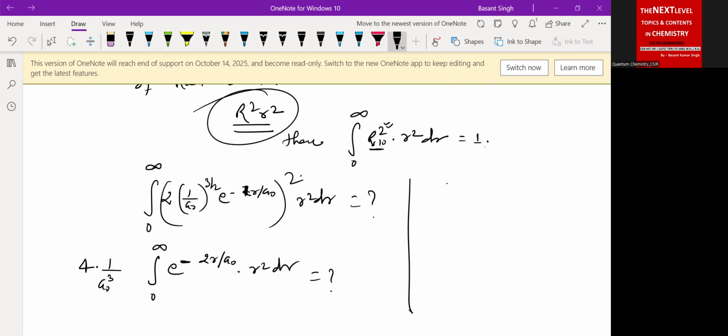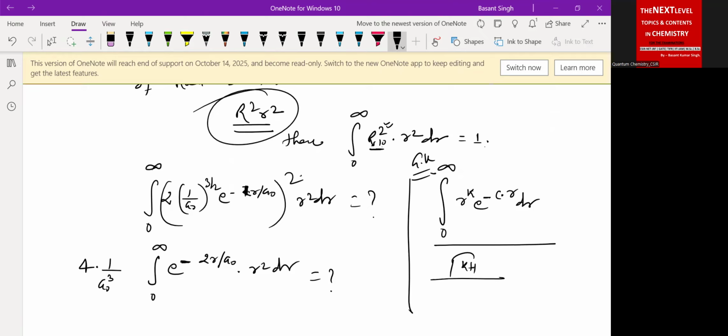We know that the integral from 0 to infinity, if the integrand is r to the power k and e to the power minus some constant times r dr, where k is positive, then this integration becomes gamma of k plus 1 divided by the constant, neglecting the negative sign, to the power k plus 1. So this is your integration.